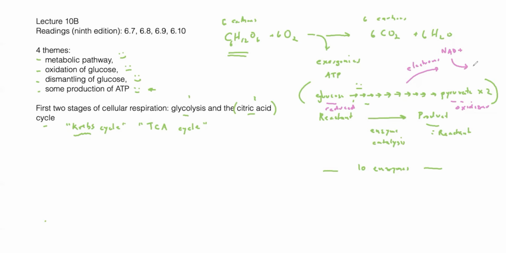And once you put electrons on it, it becomes NADH, right? And so in other words, we're making an electron carrier, which is that kind of intermediate step in the harnessing of the energy that's coming from the oxidation of glucose.